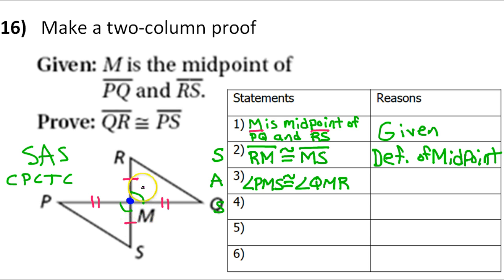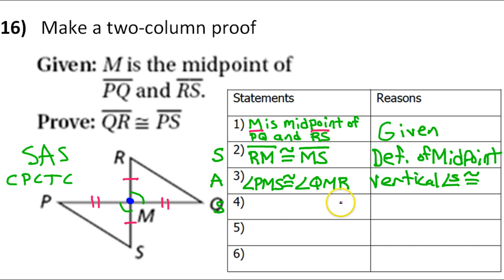So you have to use the three-letter designation. Anyway, we knew those would be congruent because of the vertical angle theorem. Or you could just say vertical angles are congruent. It's up to you.